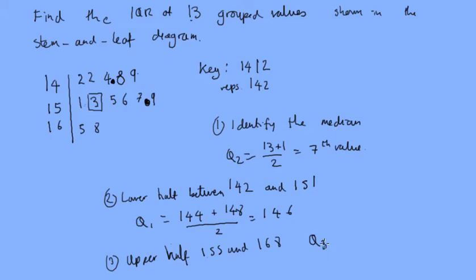So Q3 is going to be between 157 plus 159 over 2, and that gives us 158. So the interquartile range is going to be 158 minus 146, and that gives us 12.